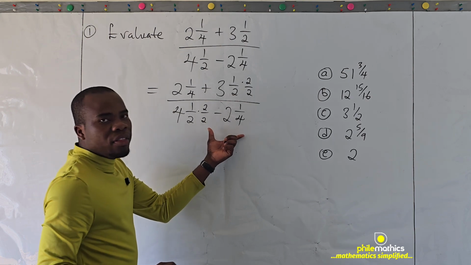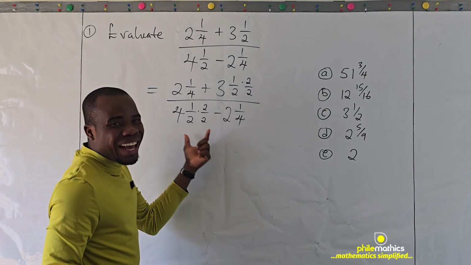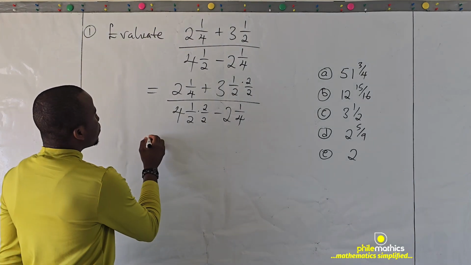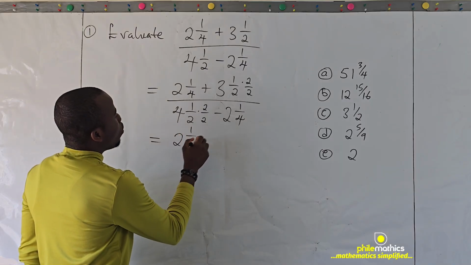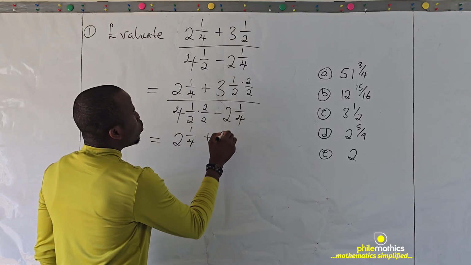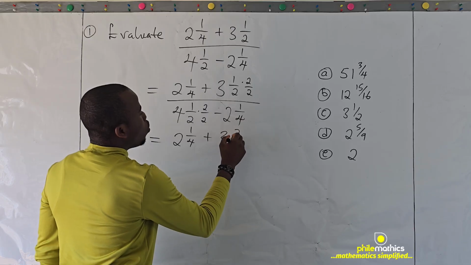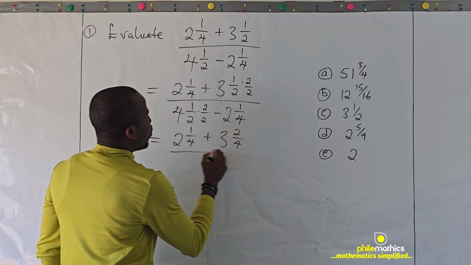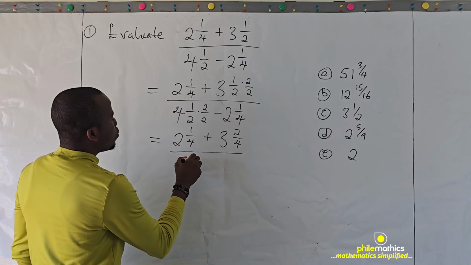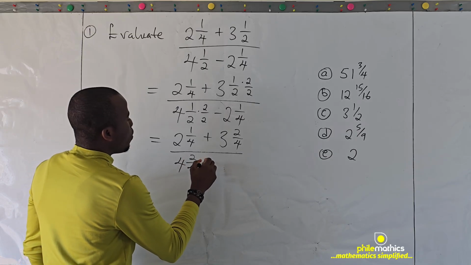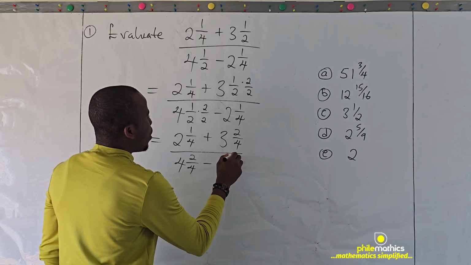I didn't change anything. I'm just making everything look the same so that I can easily add and subtract. So this is now 2 whole number 1 over 4 plus 3 whole number 2 over 4, over 4 whole number 2 over 4 minus 2 whole number 1 over 4.